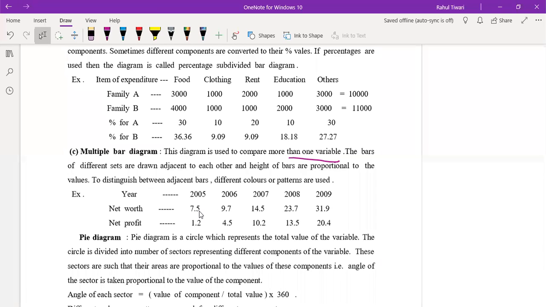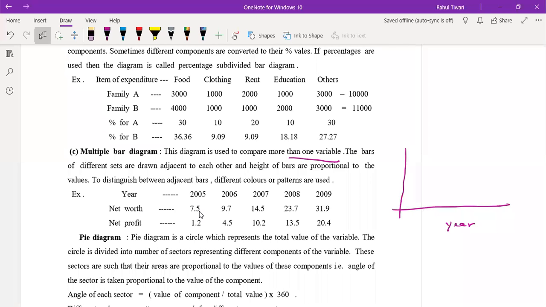So for example, suppose we have a year here, which is your independent variable. The year has a net worth and a net profit.